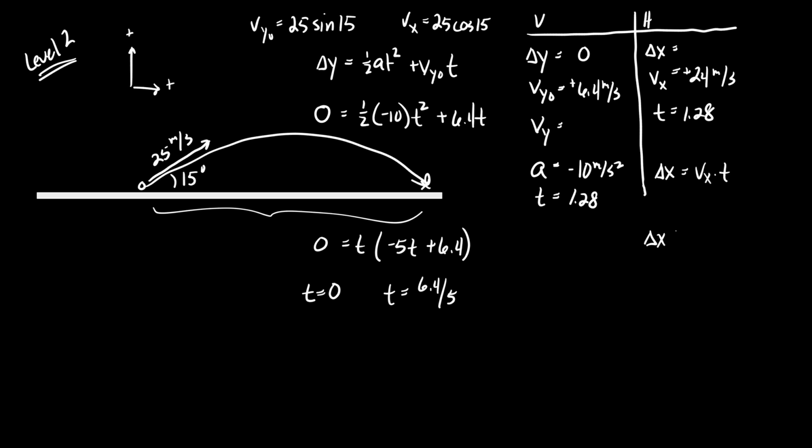So delta x equals 24 times 1.28 to get you approximately 31 or 32 meters, depending on how you rounded. This is the pedestrian level part of the problem. Meaning the part of the problem that's just the plug and chug, exactly like we did before.